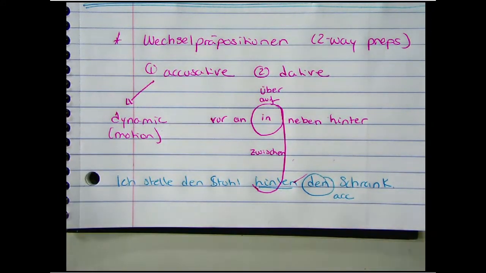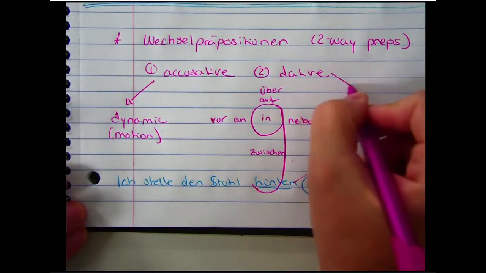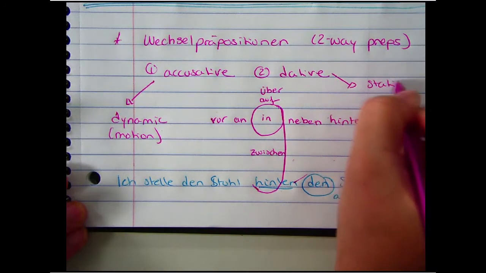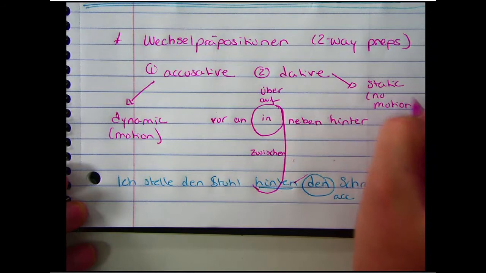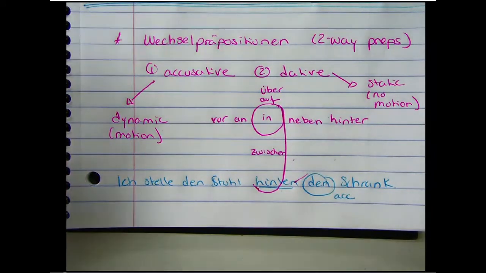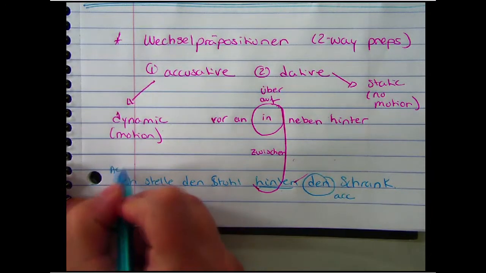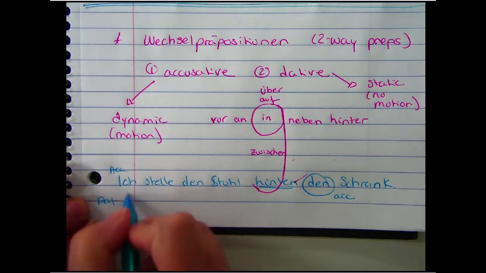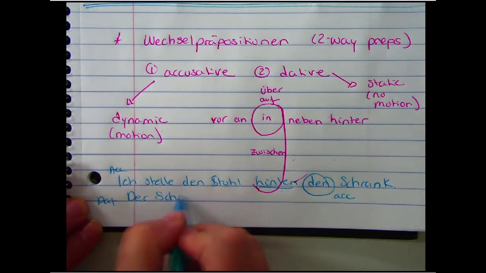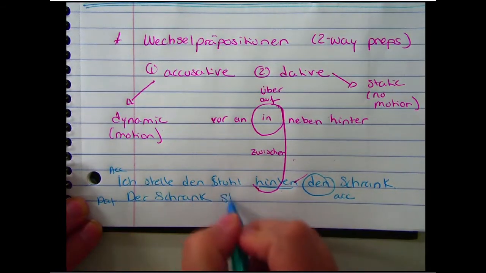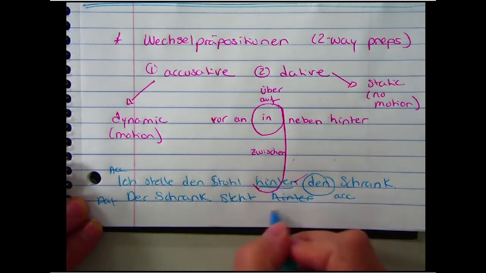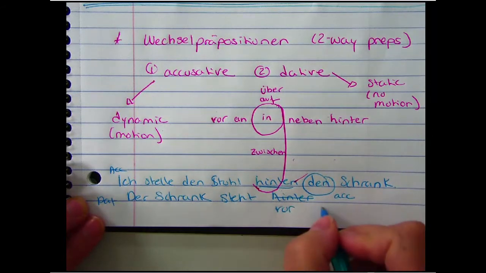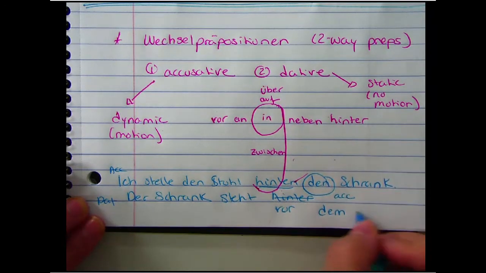Okay, with dative case, then of course it's going to be static, so no motion. So it is naming a location. So for that one you would have an example like der Schrank steht, actually in this case let's do vor, so it's the same example, dem Stuhl.